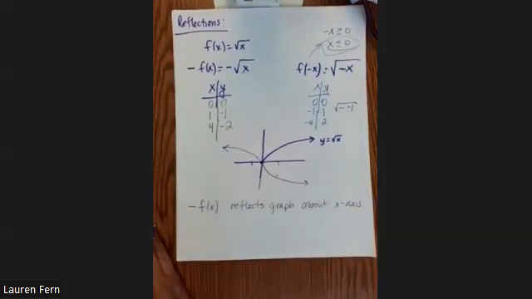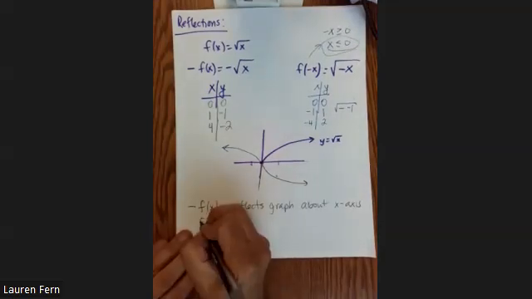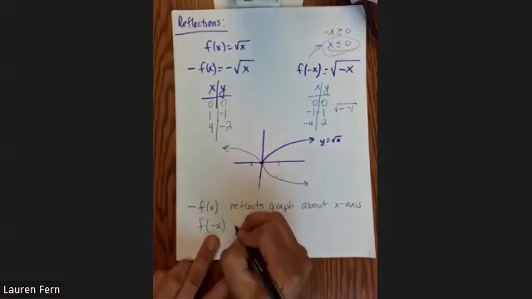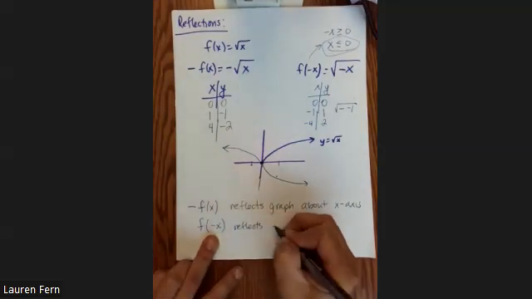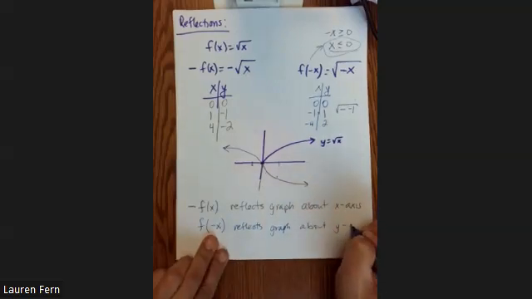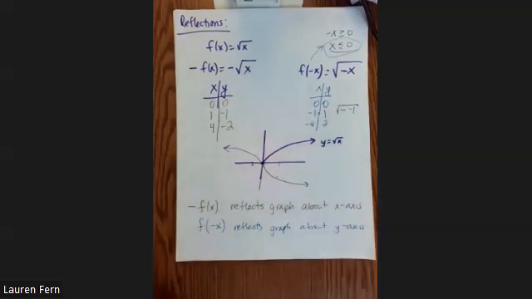In other words, f of negative x reflects the graph about the y-axis. Are y'all okay?